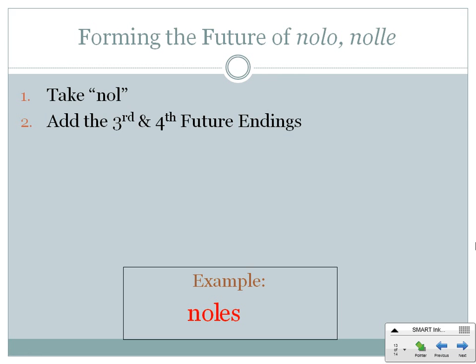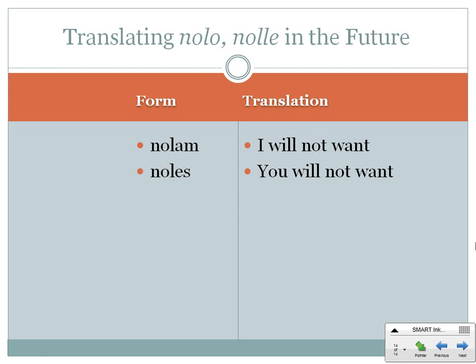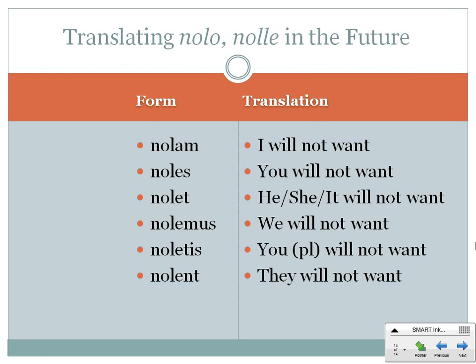For example, noles, again, that es. And we have nolam, I will not want, noles, you will not want, nolet, he, she, it will not want, nolemus, we will not want, noletis, you all will not want, and finally, nolent, they will not want.